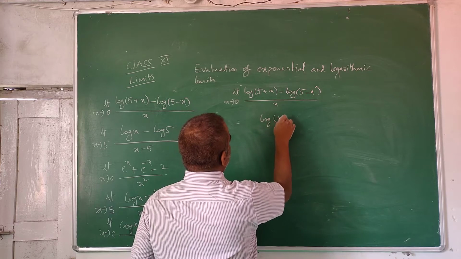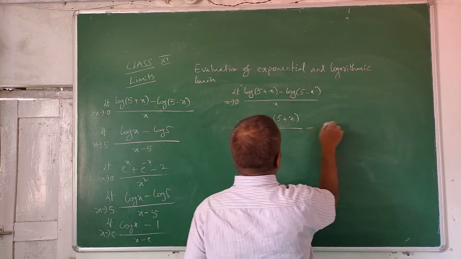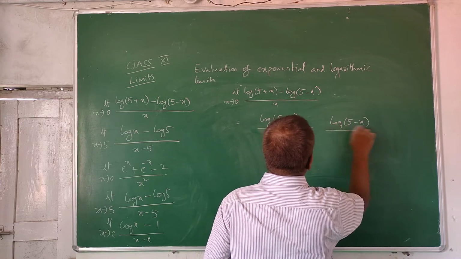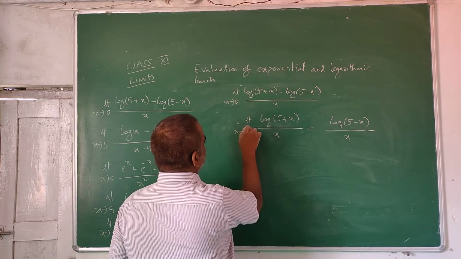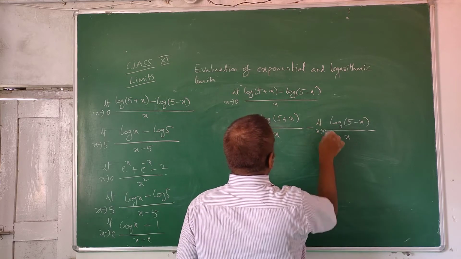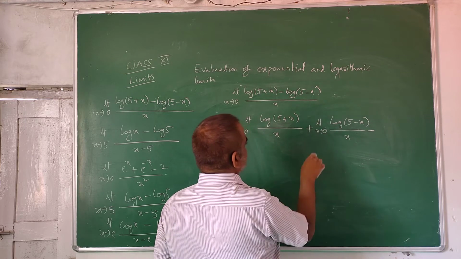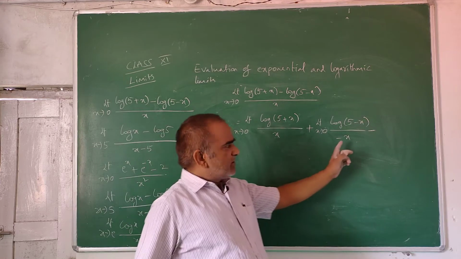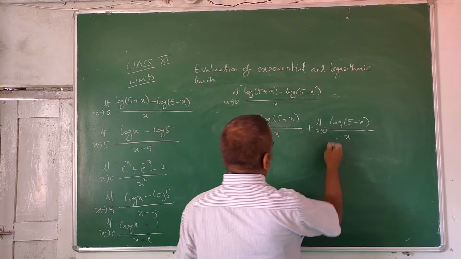So log of 5 plus x divided by x minus log of 5 minus x divided by x, and I am splitting the limits also. Limit extends to 0, limit extends to 0. So are you following? Here instead of minus I am taking plus and minus I am taking here. So plus into minus, minus, it makes no difference if you do so.